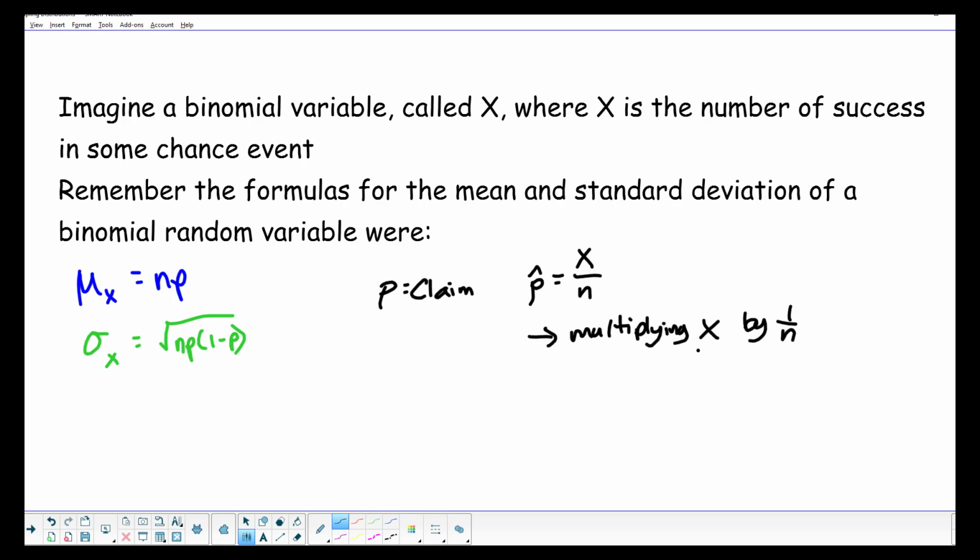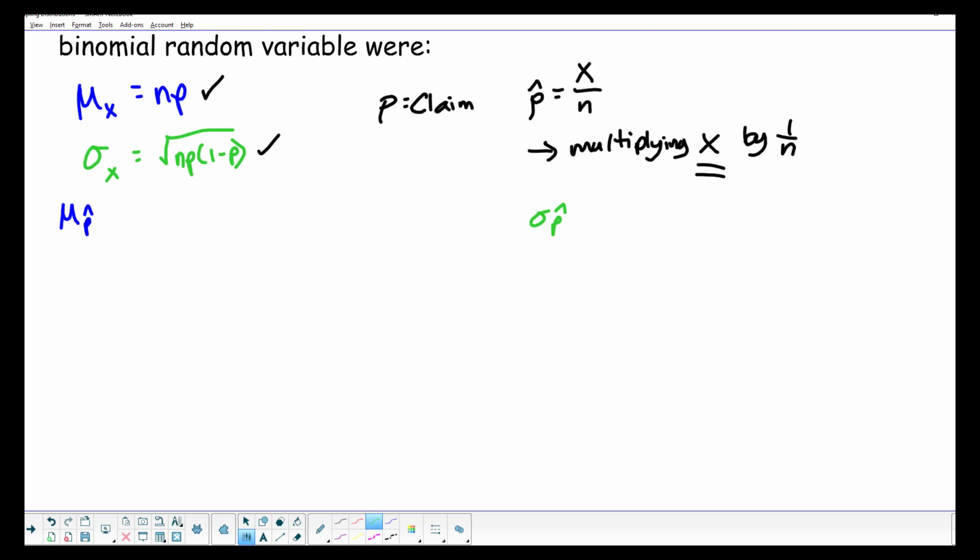Since we are transforming the binomial random variable x by some kind of multiplication, that means we can change both the mean and the standard deviation into a mu sub p hat and a sigma sub p hat. We can now work with a different context. So let's see what that context is going to look like.